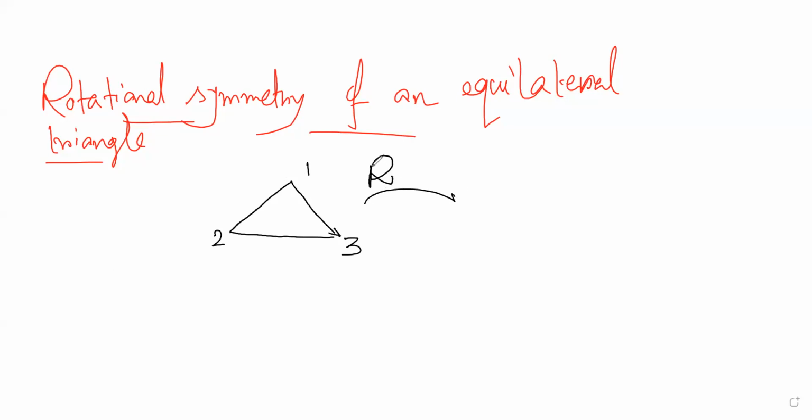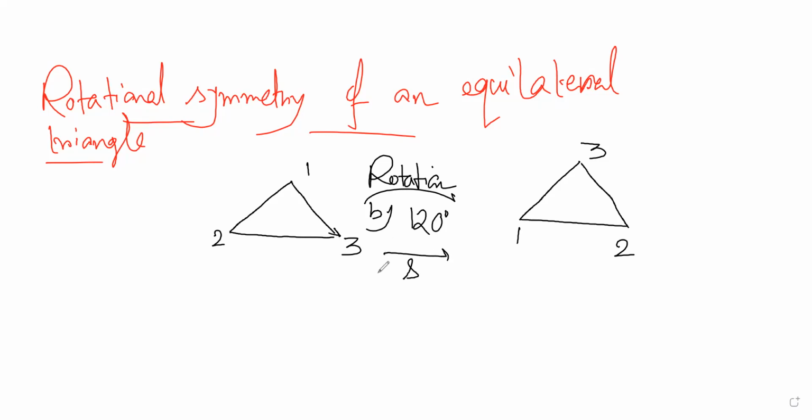rotation by 120 degrees, then I have one here, two here, and three here. Okay, I name this change as S. Now, what is the change here?